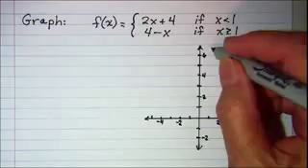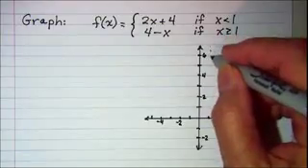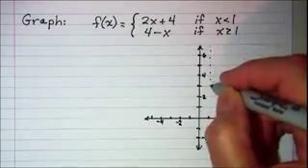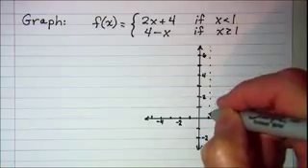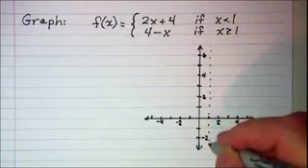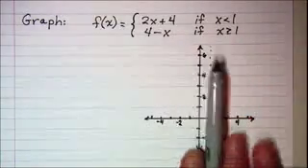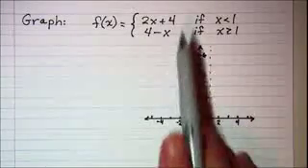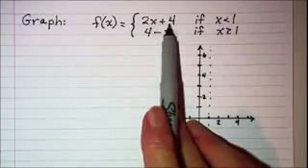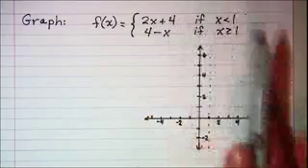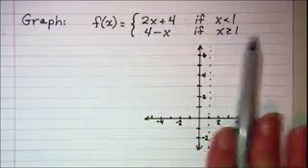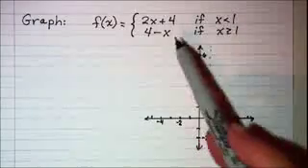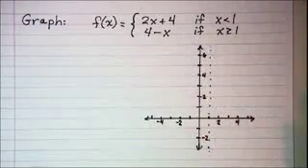So I'm going to just draw a dotted line here, real lightly, at x equal 1, because this is the boundary. On the left side of that dotted line, I'll be graphing this top function, 2x plus 4, and on the right side of this dotted line, I'll be graphing the bottom function, which is 4 minus x.